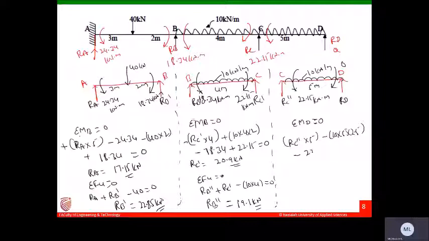Then next minus 22.15 equals to 0. Then you calculate RC double dash. RC double dash will get 29.5 kilonewtons. Then use sigma Fy equals to 0. Then let us calculate RD.